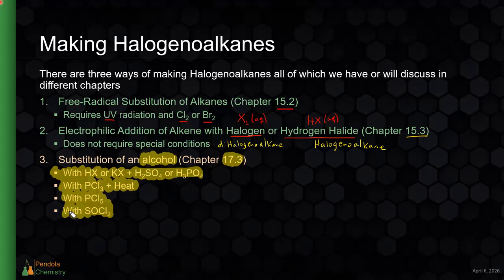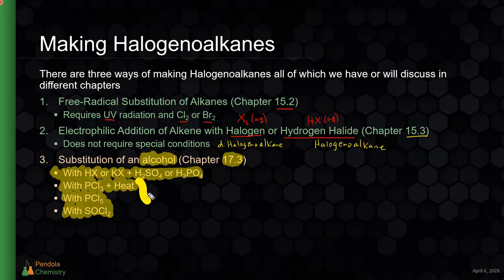So four of these reactions, we're going to look at in 17.3 and discuss the creation of halogenoalkanes with those reactions. But we're not going to do that yet. These are reactions of alcohols, so they're not something we see right now. It's something we'll leave for chapter 17.